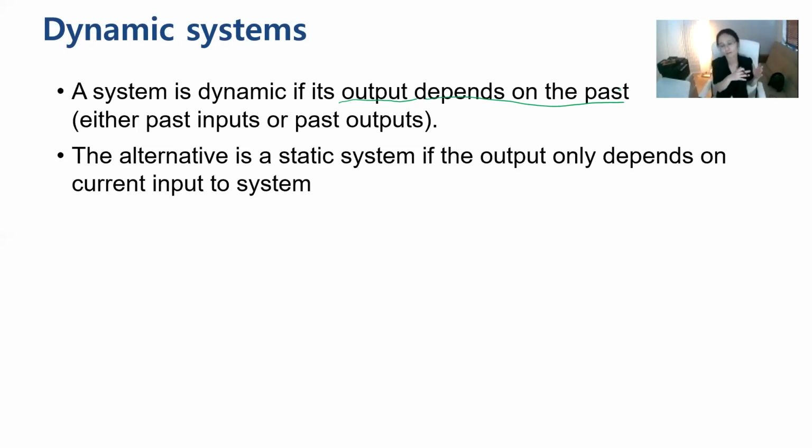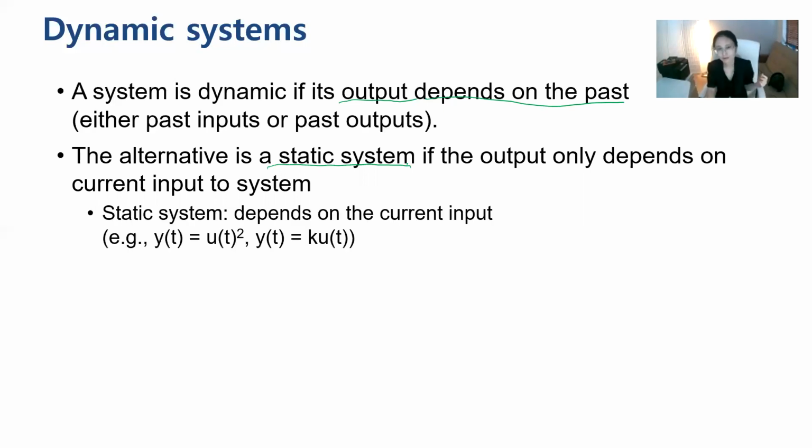The alternative concept is a static system, where the output only depends on the current input to the system. So let's look at the example. These are static systems because the output depends only on the current input.